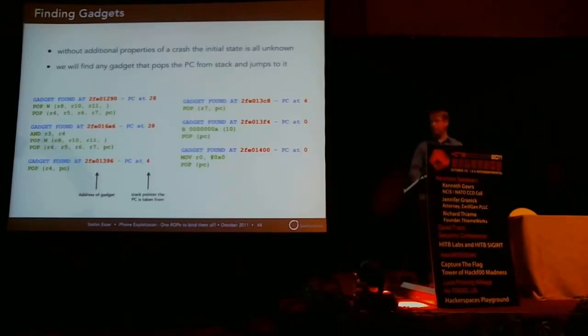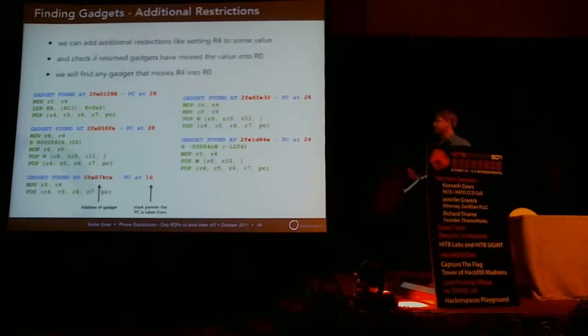But if you want to apply additional restrictions, you can just check them after it returns all gadgets found. You can just check the end state. So for example, you first initialize a completely unknown state, then set the register value of R4 to some value, and then you let it find all the gadgets.